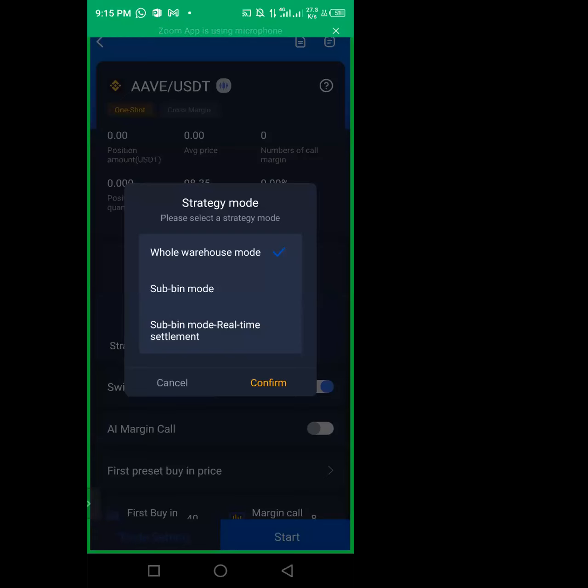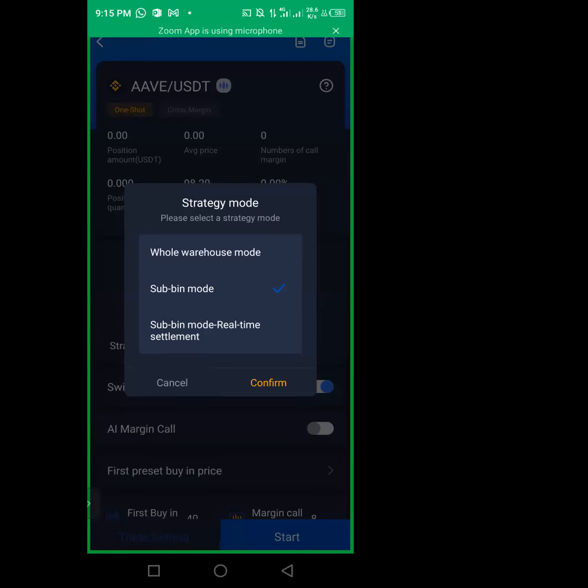Then the coin starts going down, and the robot uses all your 180 to buy the margin calls, to buy the trade at a cheaper price. If you are using this whole warehouse mode, it will only sell all of them at the initial price it was supposed to sell your first buy-in amount. It will sell all the margin calls together. So I believe I've been able to explain the whole warehouse mode.